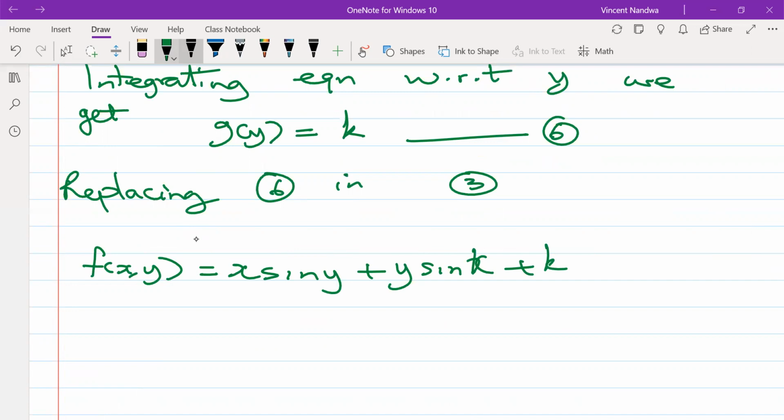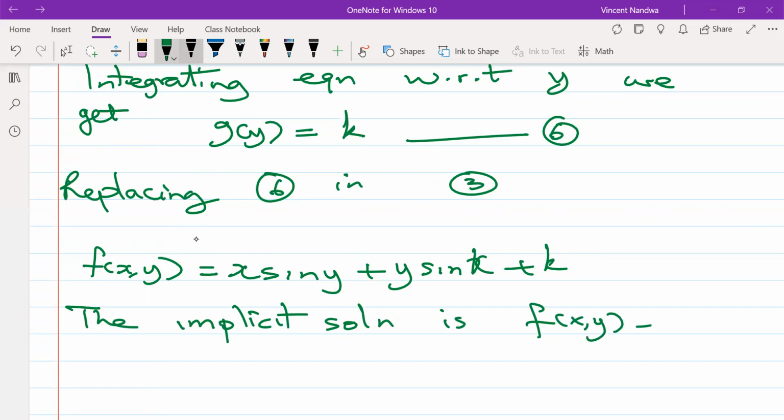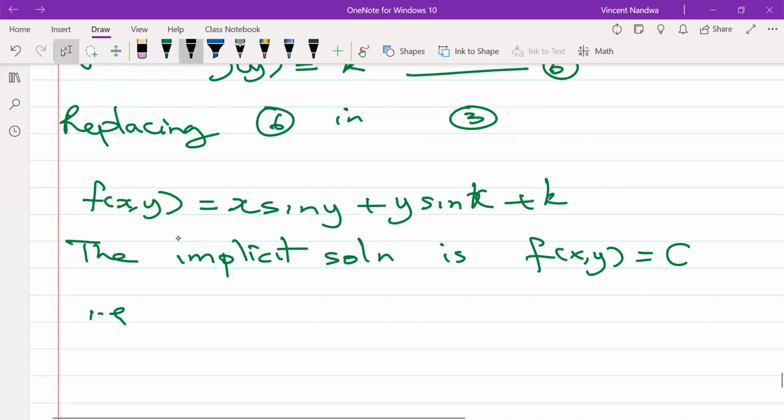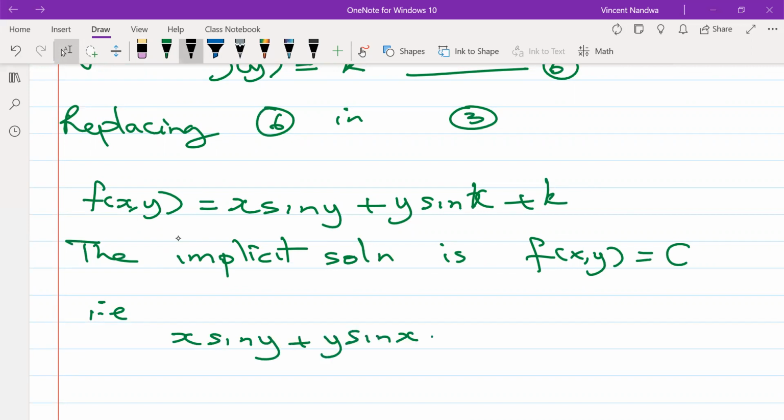So the solution f of x, y equals to c, which will be x sine y plus y sine x plus k equals to c.